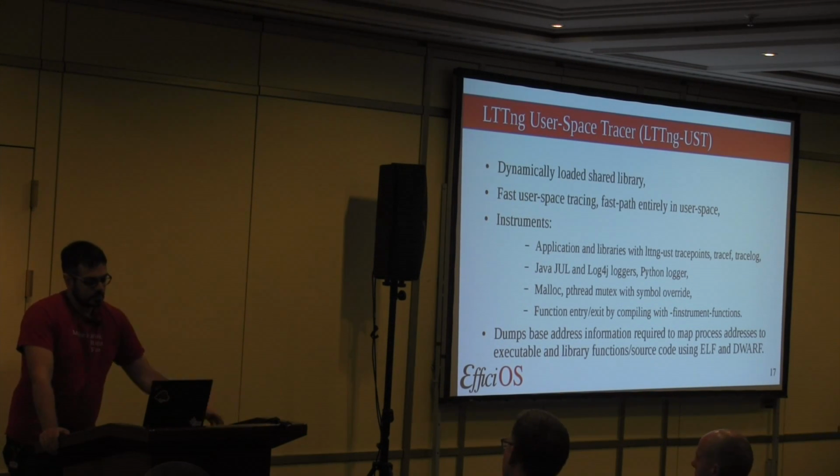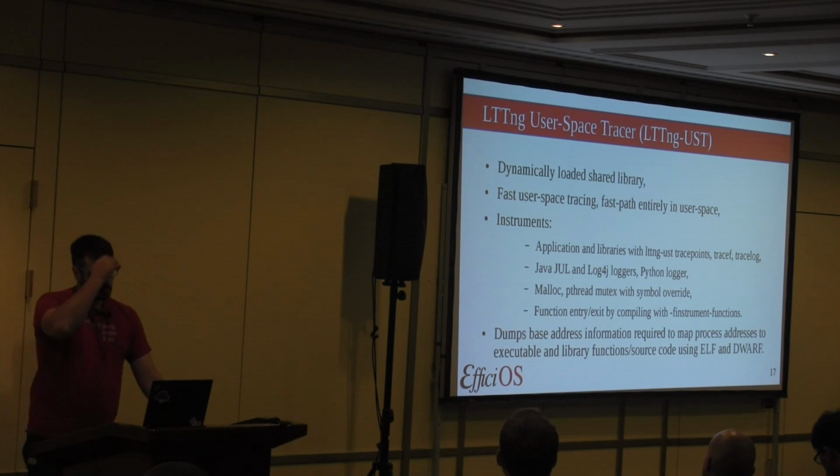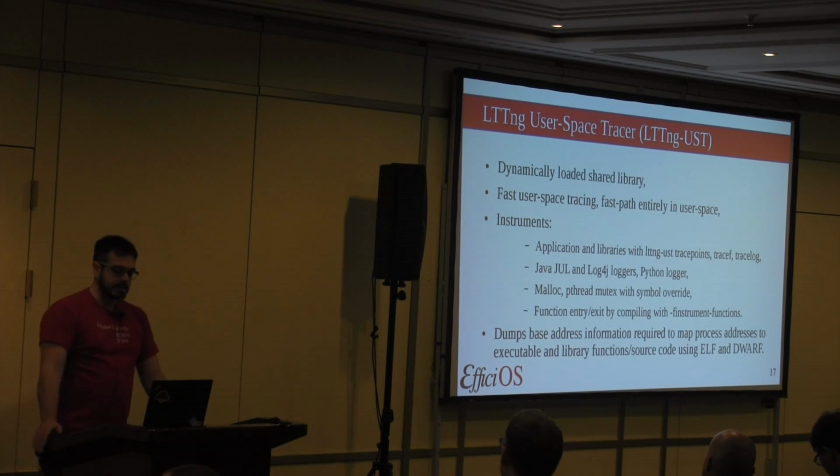We provide adapters for Java JUL and Log4j loggers, Python loggers, and we can trace malloc and pthread mutex operations with an LD_PRELOAD helper library. And we can trace function entry and exit. Currently it's by instrumenting functions with -finstrument-functions, so it's slightly more overhead, but that can give very useful information. Recently, this year, we've added dumps of library base addresses.